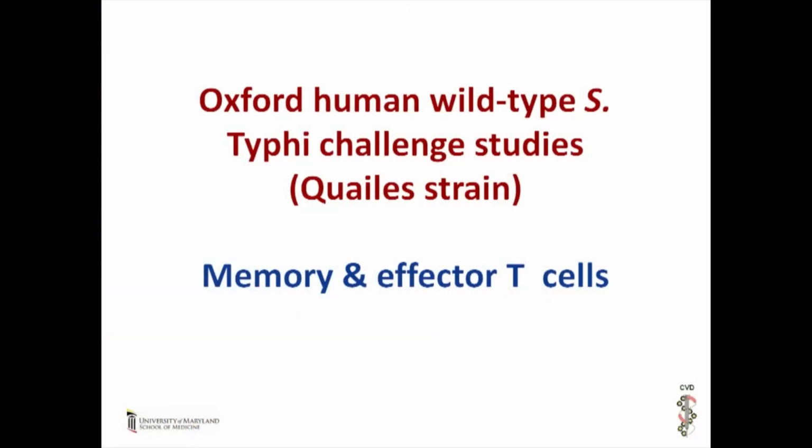So what makes this unique is that some volunteers developed typhoid and some volunteers did not develop typhoid. So the approach was to try to compare the responses in those volunteers who developed typhoid and those volunteers who did not develop typhoid, trying to get closer to identification of which are the correlates of protection.